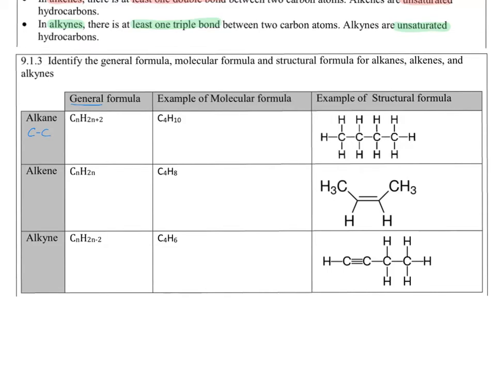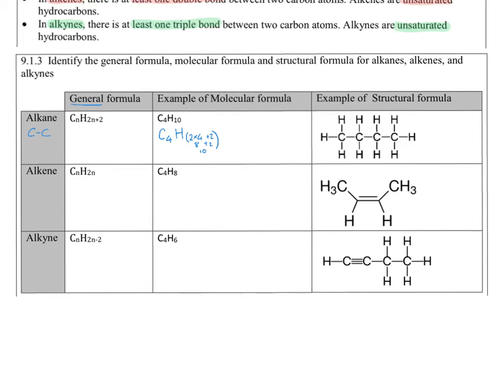If we've got, for example, 4 carbons, then the n is going to be 4. So to work out how many hydrogens we've got, we're going to do 2 times 4, and then we're going to plus 2. So 8 plus 2, that's going to be 10. So that's how we can work out that the formula when we've got 4 carbons in an alkane is C4H10.